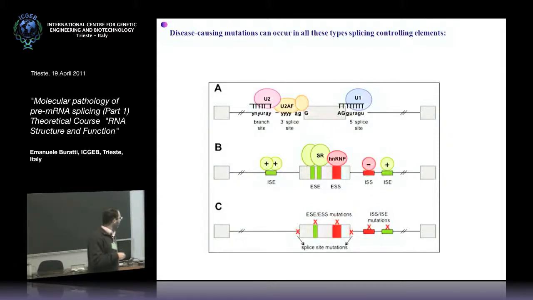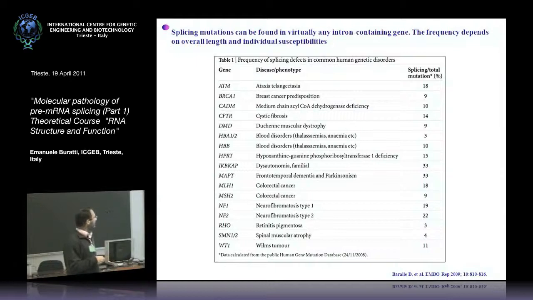If you look at splicing mutations in all the genes that are subject to alternative splicing and connected with disease, as John pointed out, you have a quite impressive number, because some genes are more susceptible to splicing mutation than others. Depending on the gene, the frequency of splicing mutations that can account for the disease ranges from as low as 3 or 4% up to 33 or even 50% for genes like ATM or CFTR.